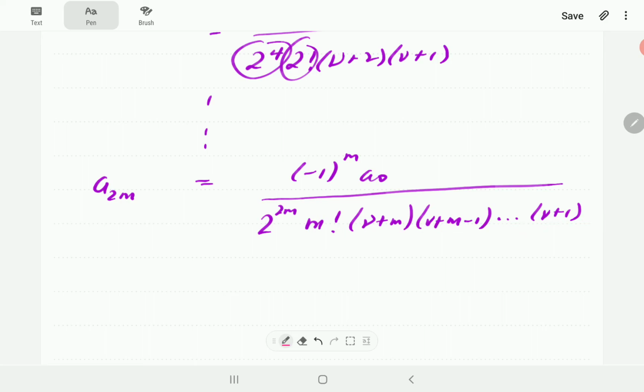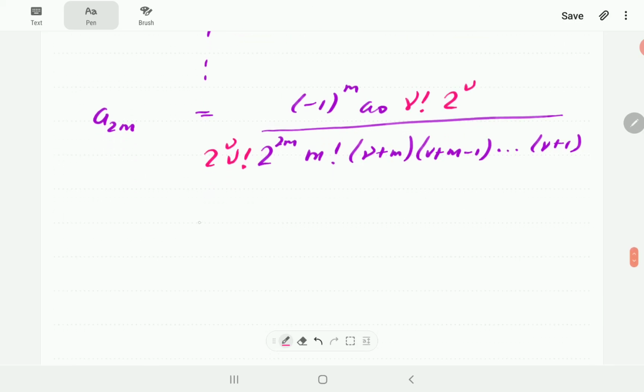So we are going to multiply the denominator by nu factorial and also multiply the numerator by nu factorial. Something else that we're going to do, and you're going to see its usefulness as we keep going: multiply the numerator by 2 to the power nu.